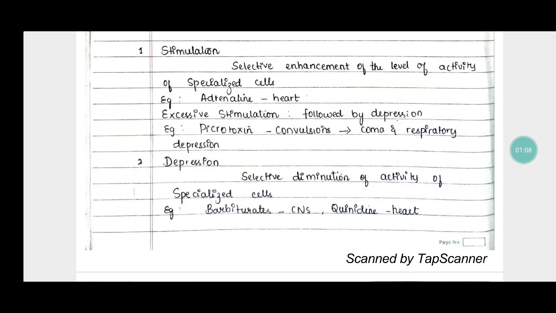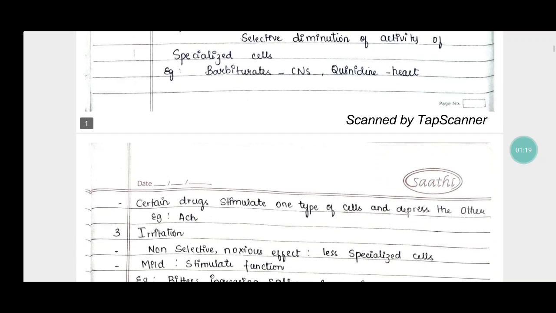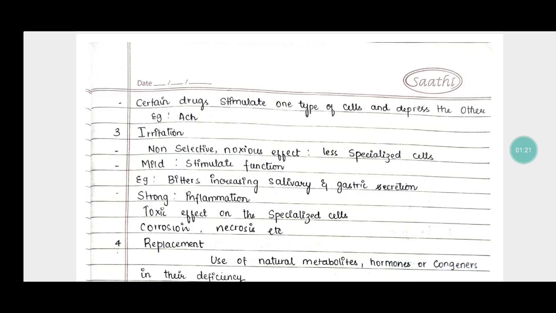The selective diminution of activity of a specialized cell, for example barbiturates which affect the CNS, and quinidine which affects the heart. Certain drugs stimulate one type of cell and depress another, for example acetylcholine. And number three, that is irritation.